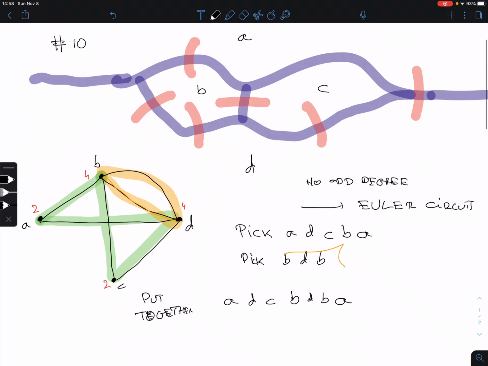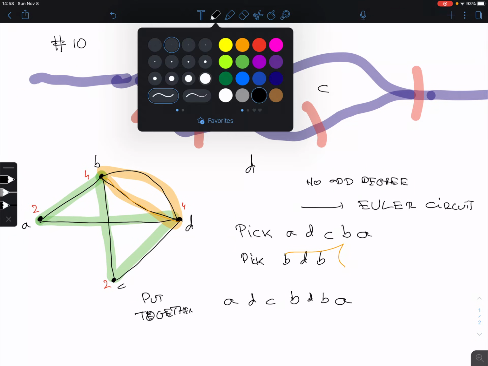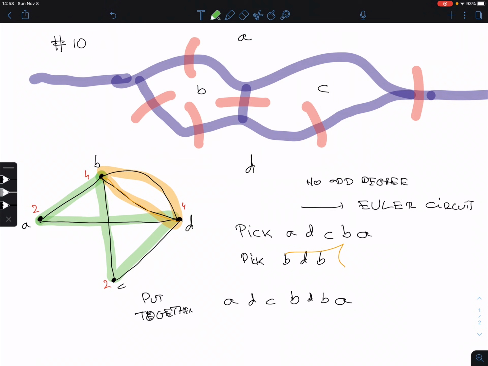So if you want, I'll plot it out for you, in a dotted line here. So the path that we would walk is from A, we go to D, and then to C, and then from C we go to B.